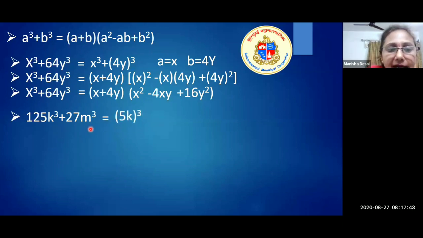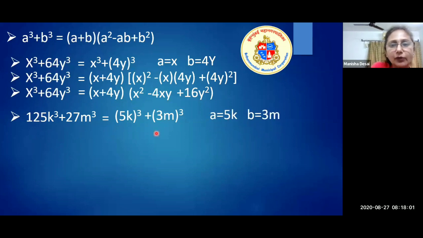Same way, how can we write this 27m cube? Teacher, 3. 3m. Very good. So it can be written as (3m) the whole cube. Again, we are going to use this formula to find the factors of 125k cube plus 27m cube.